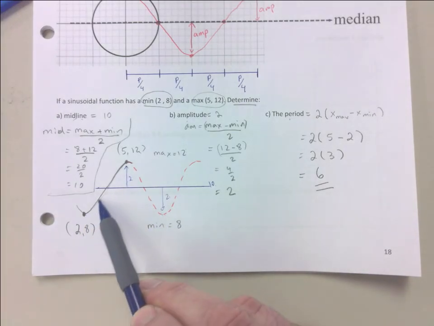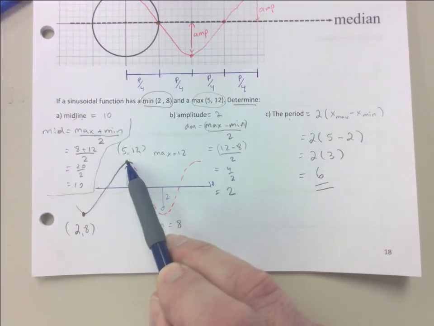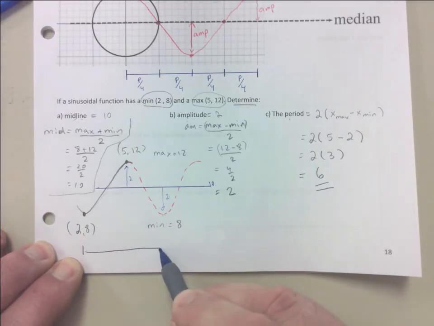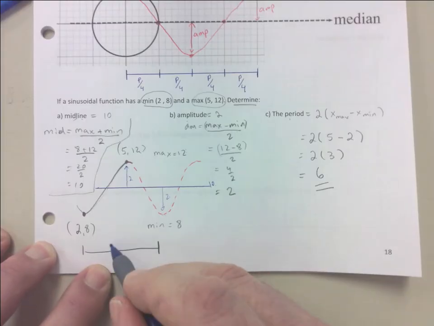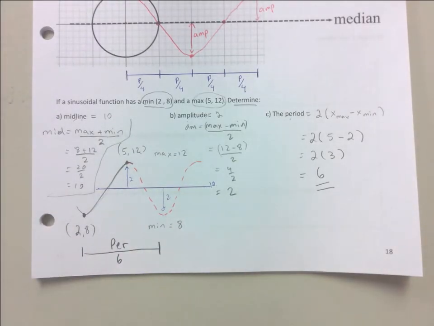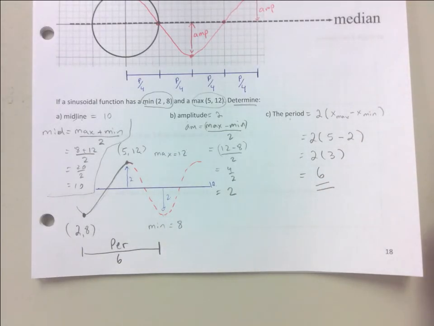Because it would take me 3 seconds, right, or 3 units to go from here to here. It will take me another 3 to come back to the lowest, and that would be a full period, right? So from here to here, it is 6. This is the period. Okay? I'm making your head spin, right? I'm going to leave it there.